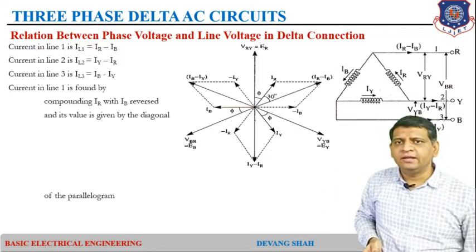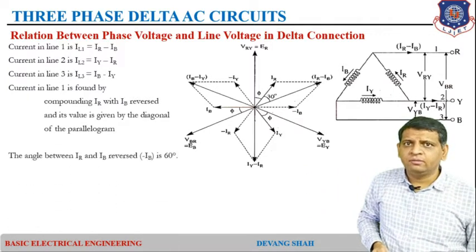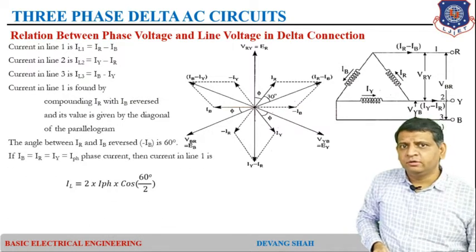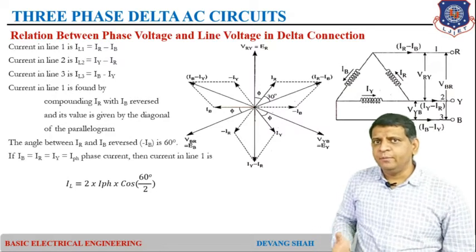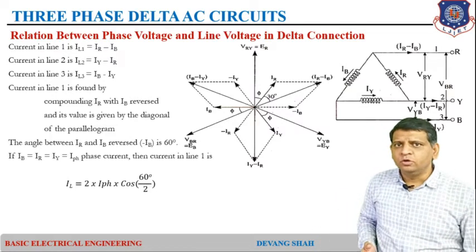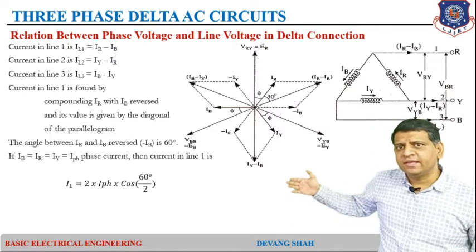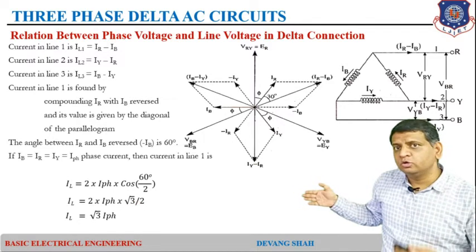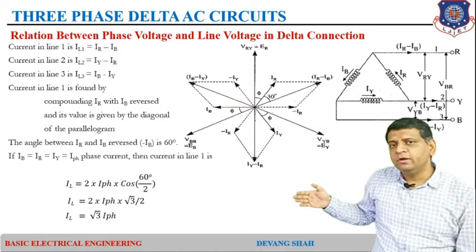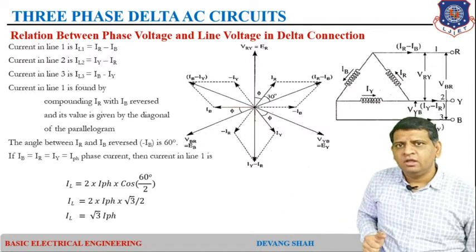So, likewise at the end you will be able to find IL is equal to 2 multiplied by the phase current magnitude of IR IB cos 60 divided by 2. So, from this you can write the equation IL is equal to 2 times IPH into cos 60 by 2. Once you solve this equation, you will find IL is equal to root 3 times IPH, right.